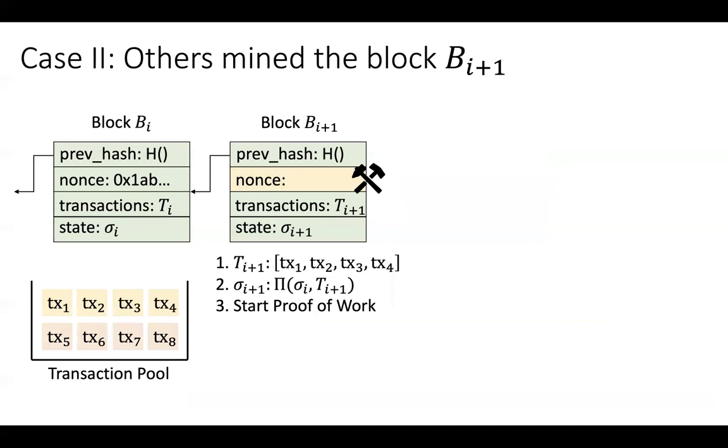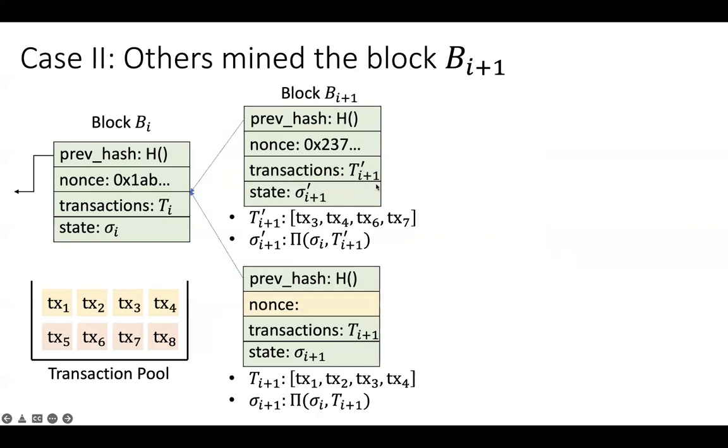There's another scenario where this gets worse, where a different miner mines a block before the miner we're looking at. In particular, let's recall that the miner is trying to solve proof of work for block Bi+1, consisting of transactions Ti+1.